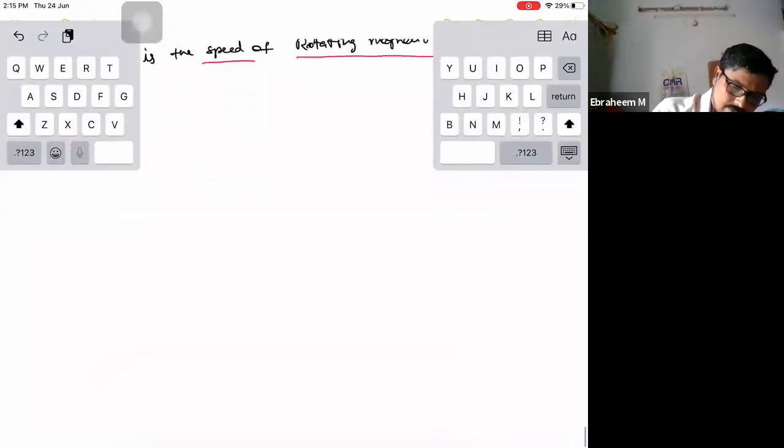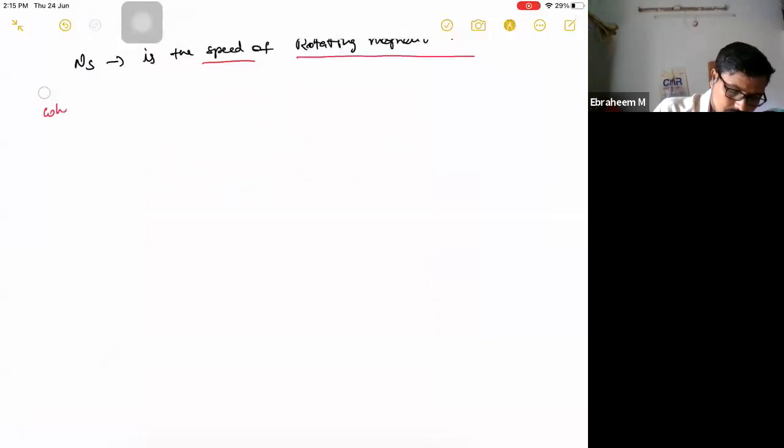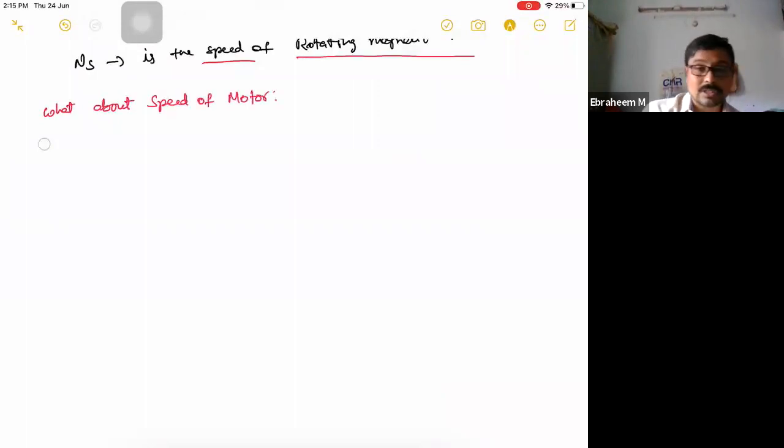Speed of the motor means the speed at which the rotor rotates, or the speed at which the shaft of the induction motor rotates.